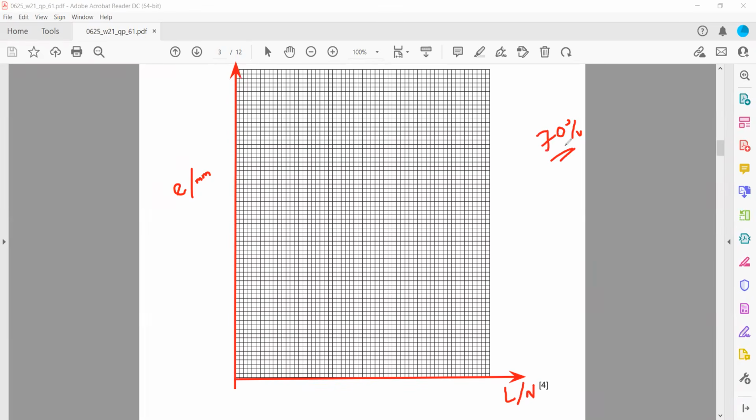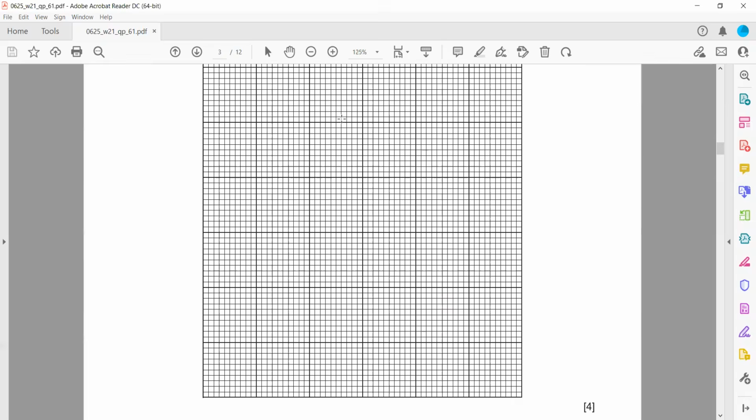Your scale should be suitable so that when you plot a graph, you cover 70% of the graph paper. So load minimum value is 0. It started with 0 and the maximum is 1. I have to zoom in just to read the values here.